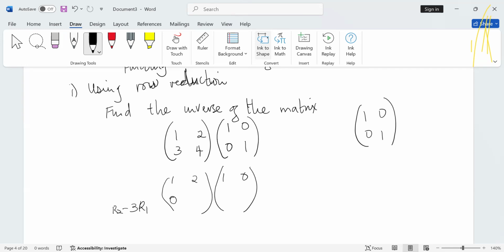But you do the same for these ones also. So row 2 here is 4, minus 3 times 2 is minus 6. 4 minus 6 will give us what value? Members, 4 minus 6, what do you get?